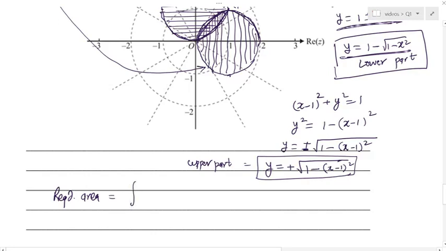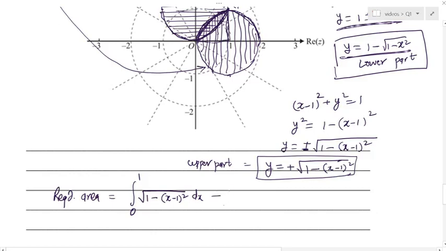Required area is, first I find the area from 0 to 1 under this circle here. I will do the integral from 0 to 1, and I will use this upper part here, square root of 1 minus (x minus 1) whole square dx, and from that I need to remove this area, that lower part here.